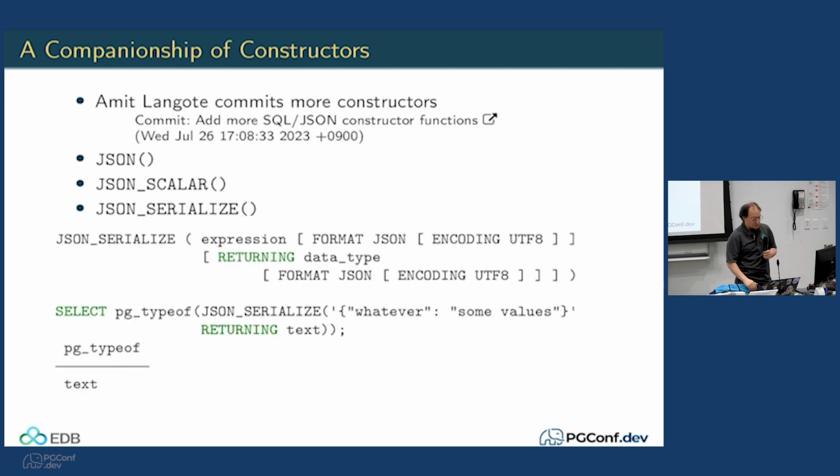And finally, JSON_SERIALIZE does the opposite. This one takes a JSON object that lives inside the database and produces the text representation of that value, so that you can export that to the outside world. So in essence, these three functions are inverse of each other.